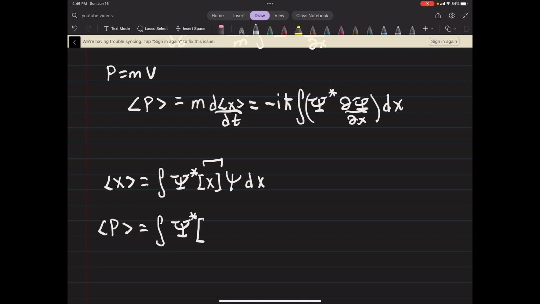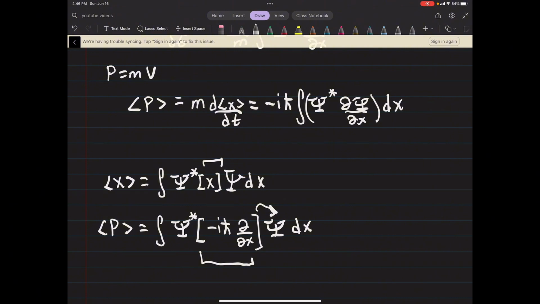So in our box here we'll have minus i h bar d by dx. This would be the full wave function, psi dx. So you can kind of see why we call it an operator, because it's operating on the wave function to the right.